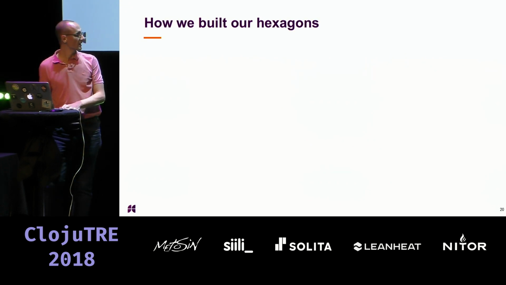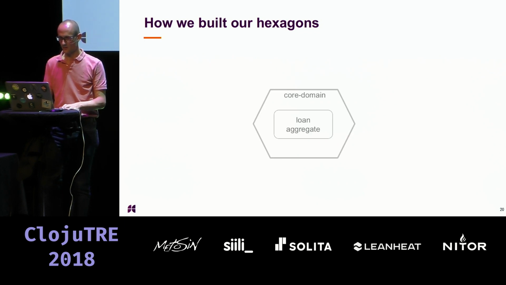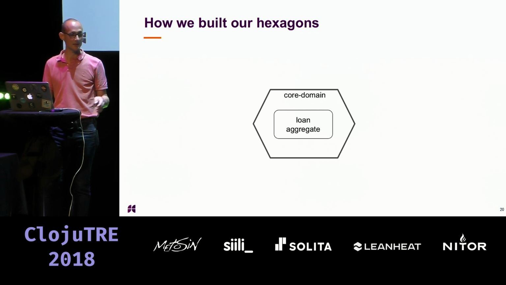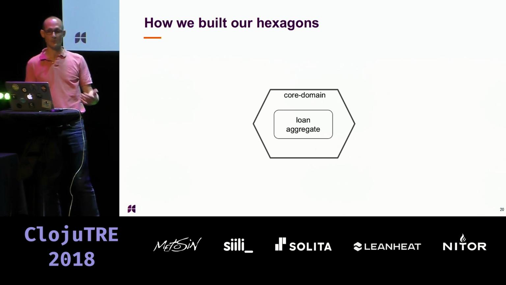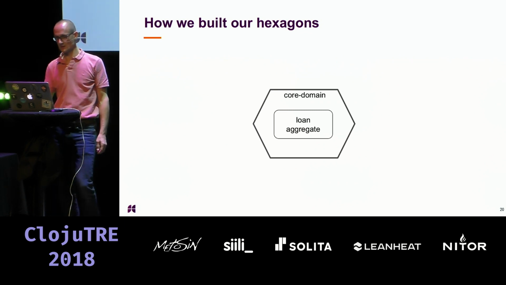So how we built our hexagons. We started with pure domain logic, pure data, Clojure data structures, and also a finite state machine to begin with, to handle the commands with just a pure function, which made it super easy to test, actually. And very early on, we added example-based tests using BDD to test those.